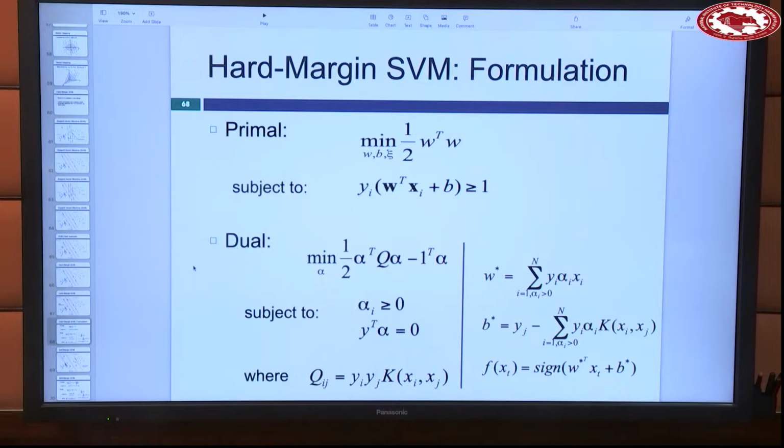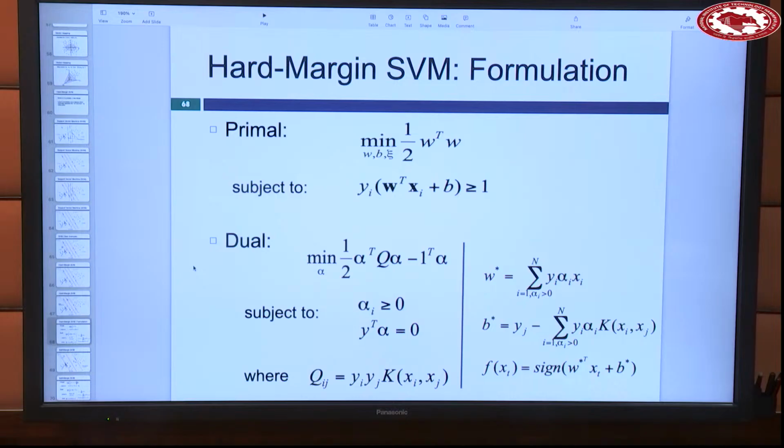You have a vector W1, W2 transposed, and another vector W1, W2, you just multiply, what will you get? W1 into W1 plus W2 into W2. So, this is squared in W. This is called a quadratic objective function, right, and the constraints are linear, right.